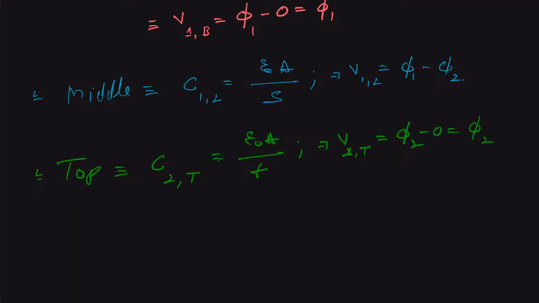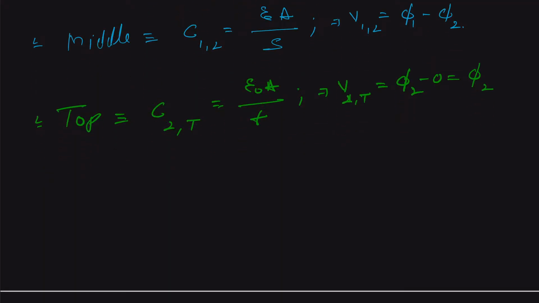And we know the basic thing, that the total charge on each plate is the sum of the contributions from the adjacent capacitors. So this is an important conclusion.